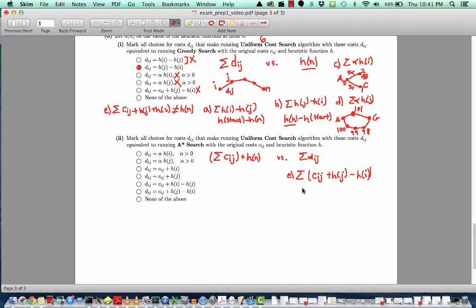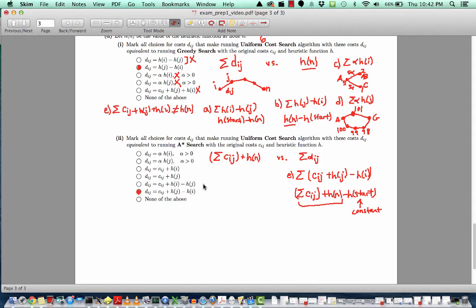So what we're going to be left with is the sum over cij plus h of n minus h of the start. So if we have a bunch of nodes in our fringe and they all have this value, the ordering is going to be determined by this part because this is just a constant. So therefore, this must be equivalent to what A-star will give you. So this is a correct solution.